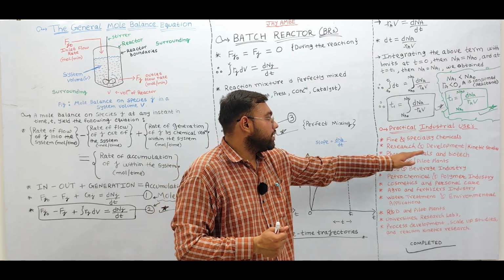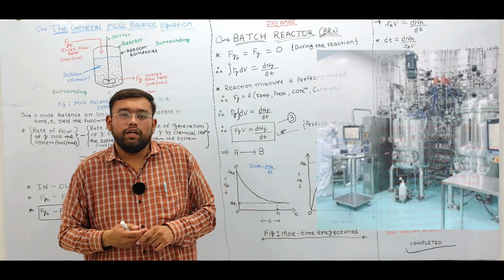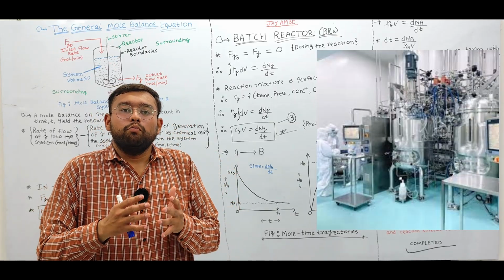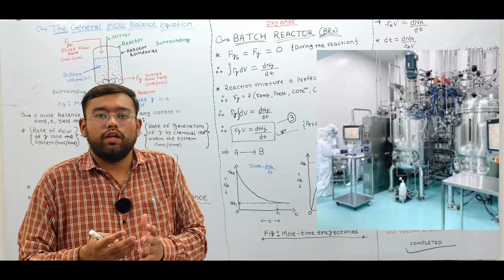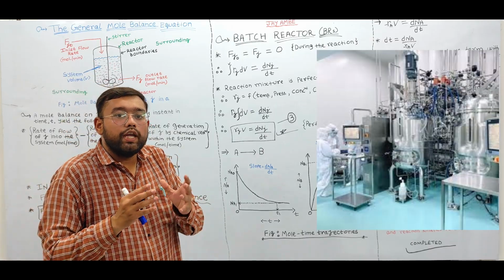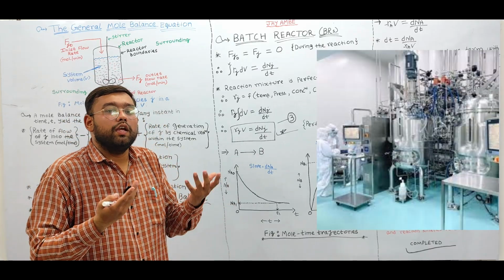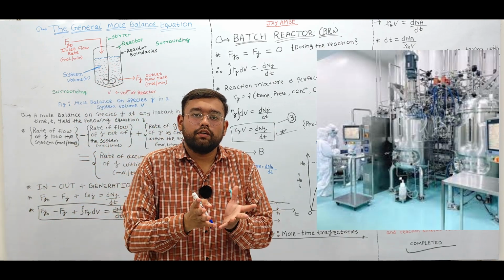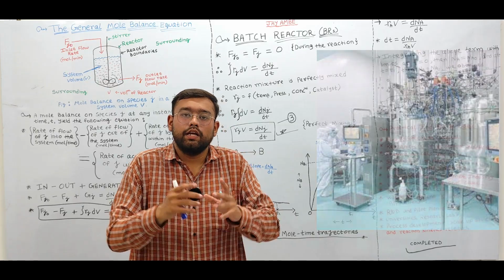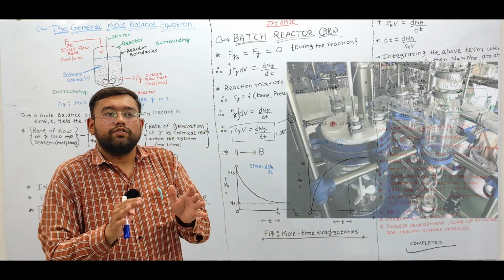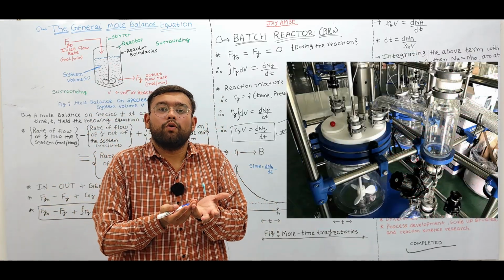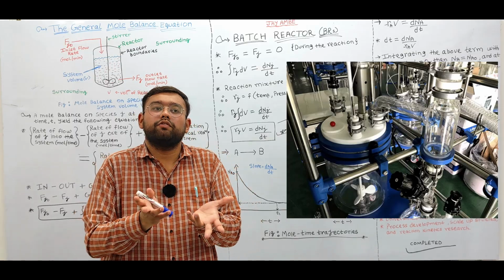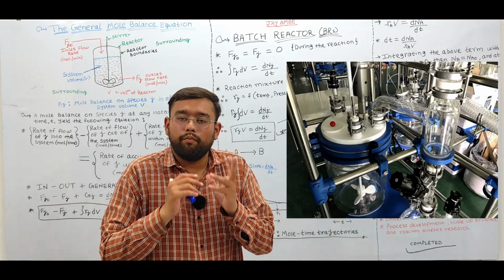In pharmaceuticals and biotechnology, in order to manufacture or synthesize pharmaceuticals, medicines, or any products that must be very pure, we use batch reactors. We also have glass-lined batch reactors, stainless steel batch reactors, and jacketed batch reactors. Jacketed batch reactors are used for transferring heat to the reaction environment or removing heat from it.